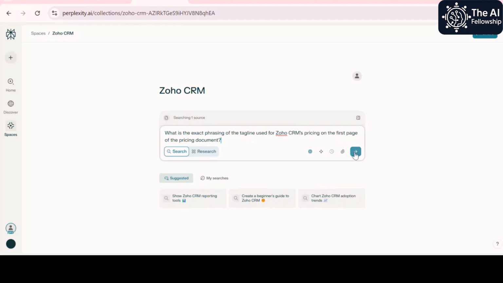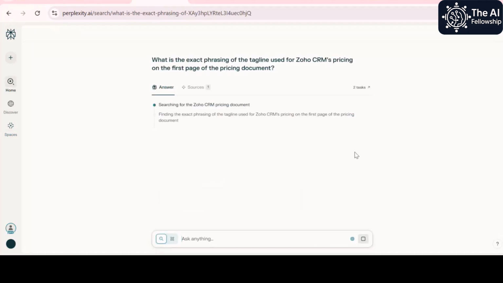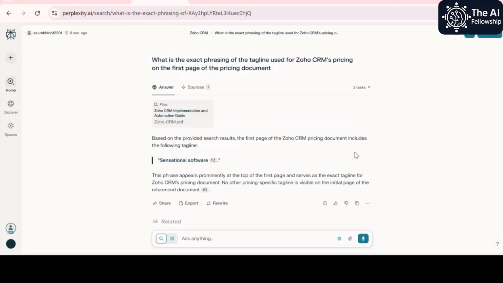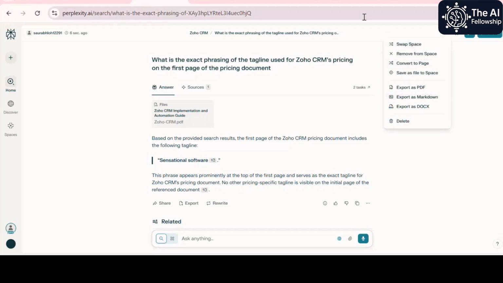There is another funny thing. Even if you ask the same question again, we know that the answer may change. I'm not sure what will happen, but let us just check. Yeah, this time it is able to pick. Sensational software. It is able to pick, and it did not pick the complete thing. What I changed was just the instructions. Instead of asking it to answer informally, I asked it to go through something factual and then answer. Earlier it was saying I cannot answer this. Now it has answered it.